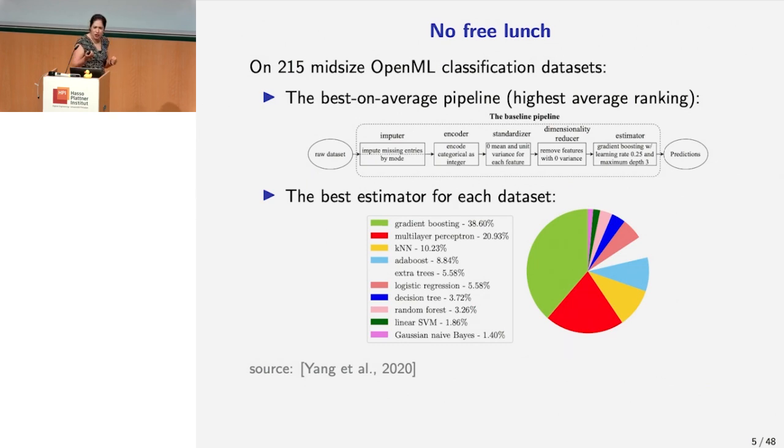We're going to return to this question later, but for right now, here's a motivation for doing automated machine learning in the first place, right? Which is that if you actually exhaustively compute these things and you try all of these methods, every combination, on 215 medium-sized data sets from OpenML, you find that, okay, gradient boosting is a really good idea.